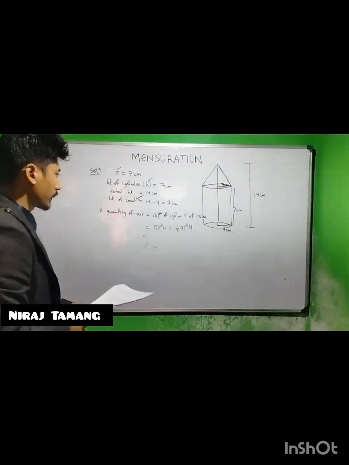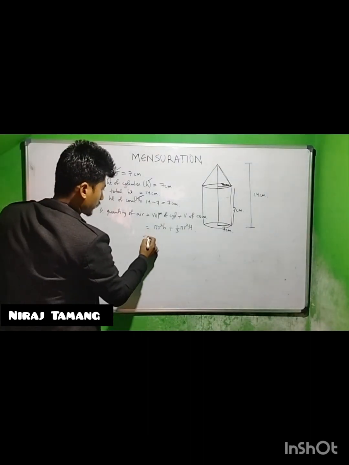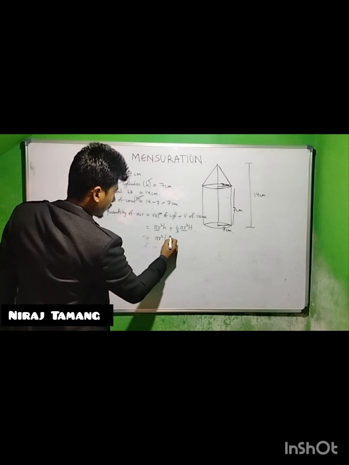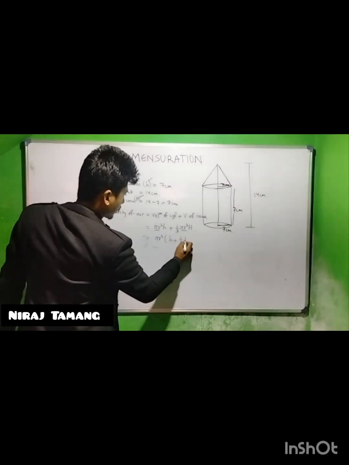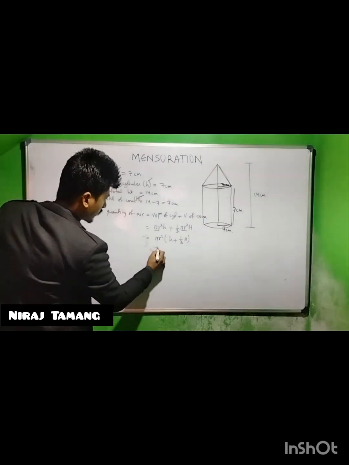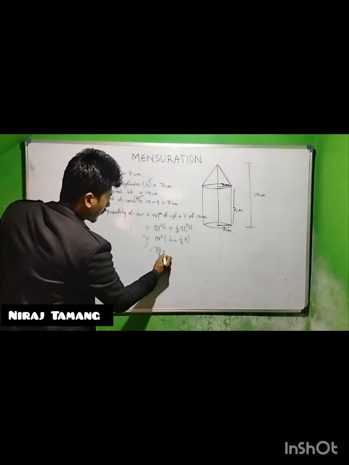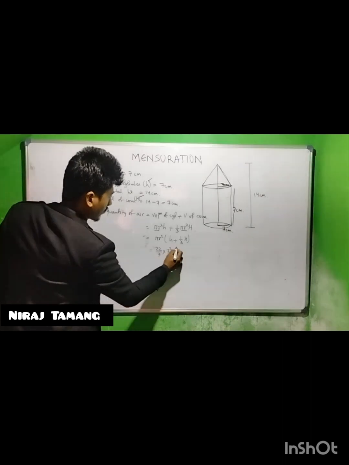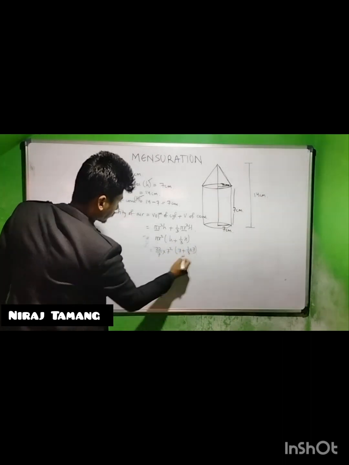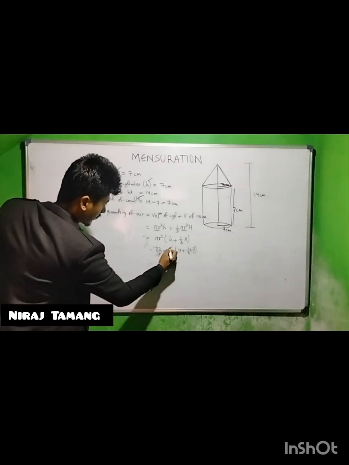Alright, let's put their values. Before that, we have pi r square common, so we can take it out. We have h plus 1/3 of capital H inside the bracket. Let's put their values. Pi is 22/7, r is 7 square, h is 7, 1/3 of 7. So we can cancel 7 and 7.